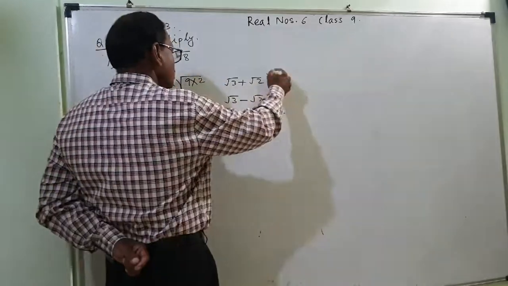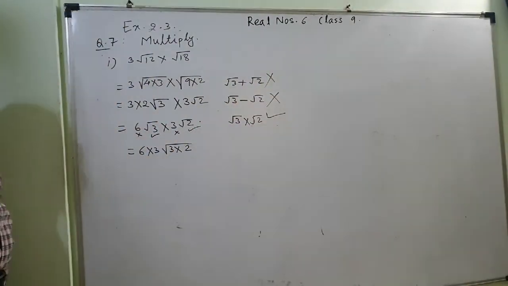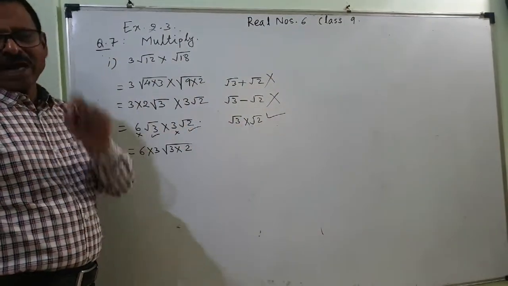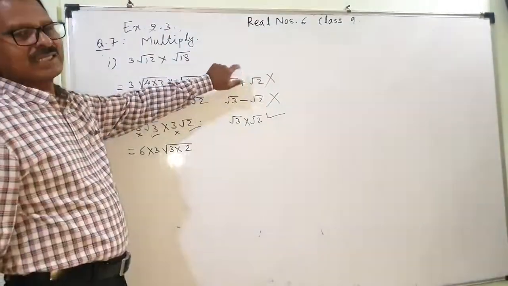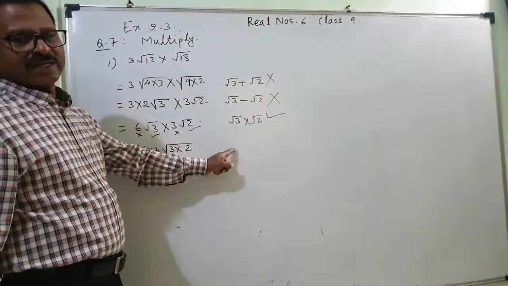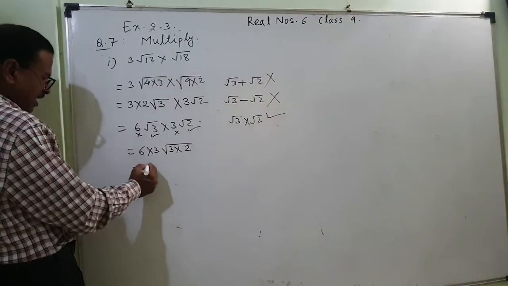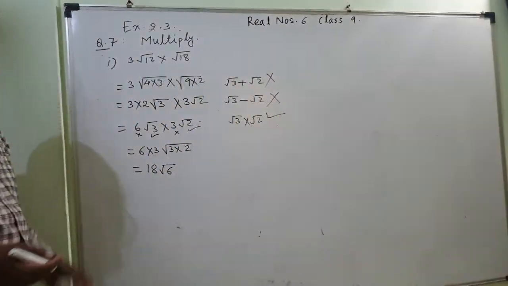Don't forget this. On irrational numbers, addition and subtraction is not possible if they are unlike surds. But multiplication and division is possible. So now this is 6 into 3 is 18 and this is root 6. This way.